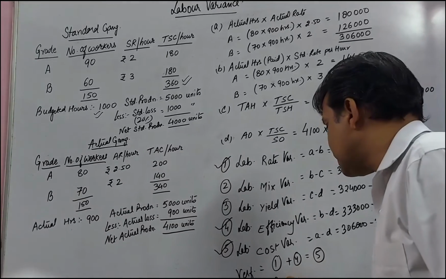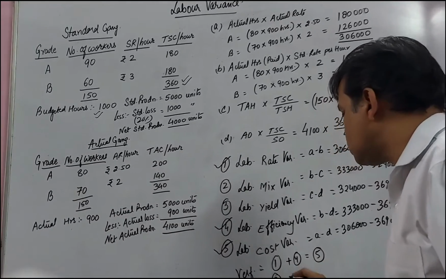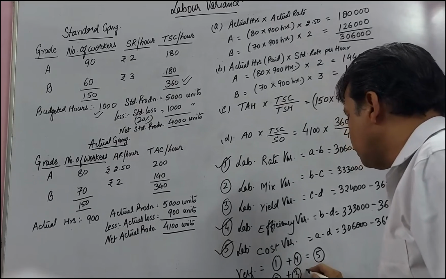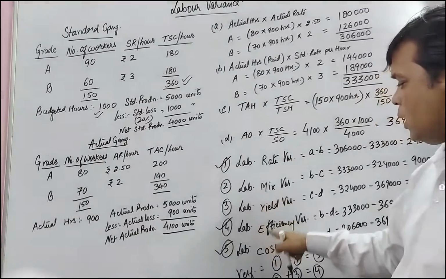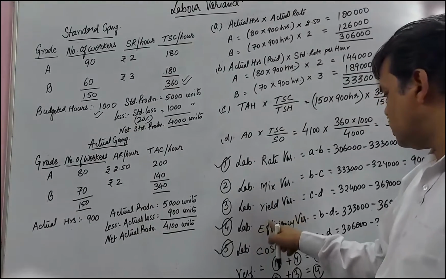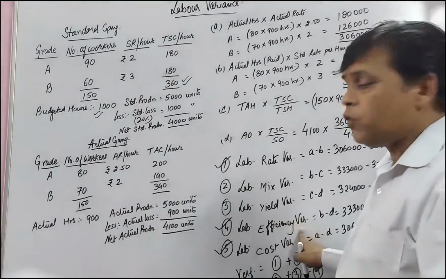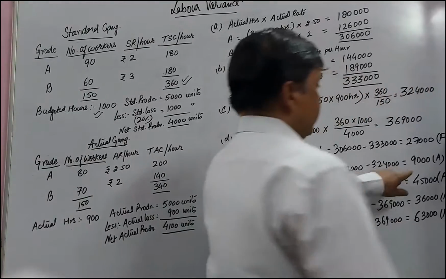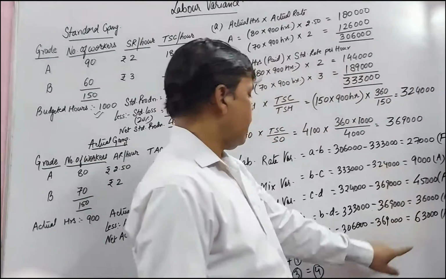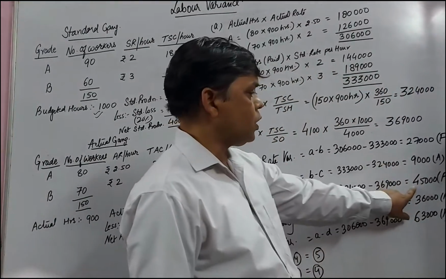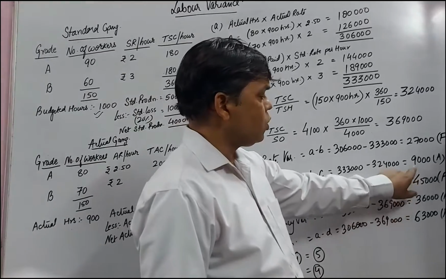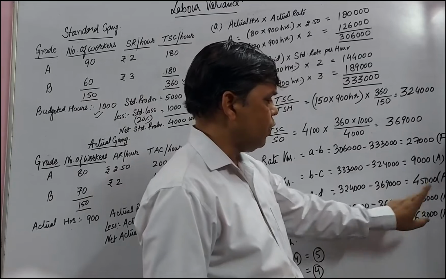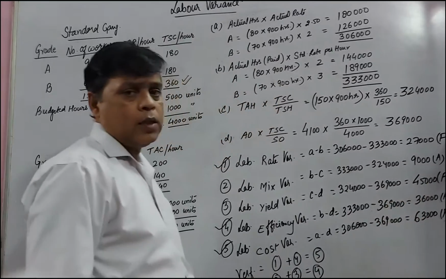In the same way the second verification is 2 plus 3 should be equal to 4. It means labor mix variance and labor yield variance should be equal to labor efficiency variance. Labor mix variance is 9,000 adverse and labor yield variance is 45,000 favorable. If we add them both, it's going to give you 36,000 favorable. It means the verification is correct.